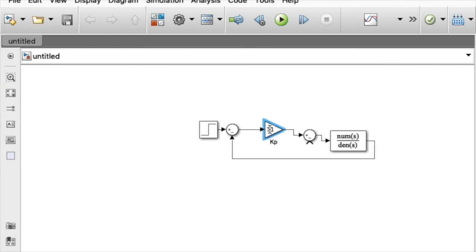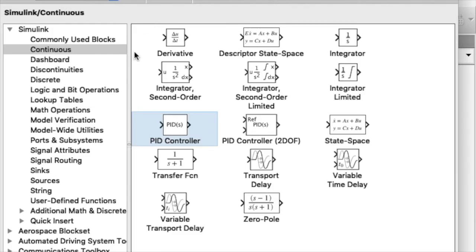So let's for now use a PID, because I cannot separate my theta.